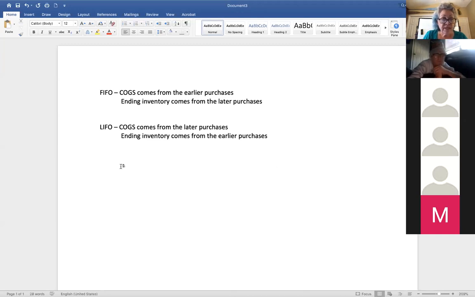So that means that in times of inflation, rising cost, FIFO ending inventory will be the later purchases, which is higher cost.